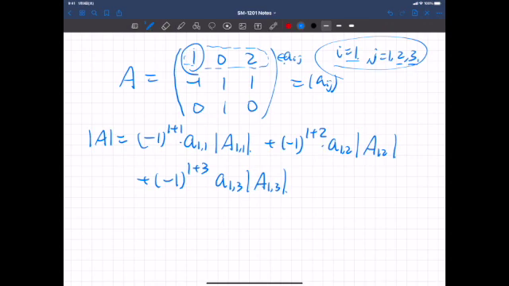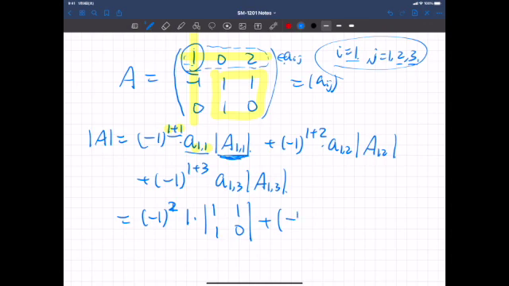So what are these matrices? This is the power of 2, a_11 here is 1, and this matrix is this part. We remove the first row and the first column because this is 1 and 1, so the remaining part is 1, 1, 1, 0.